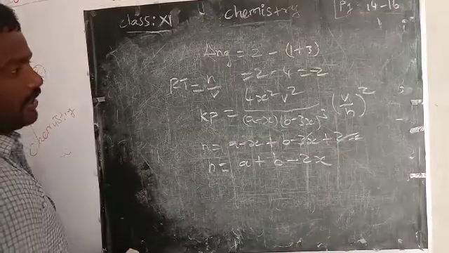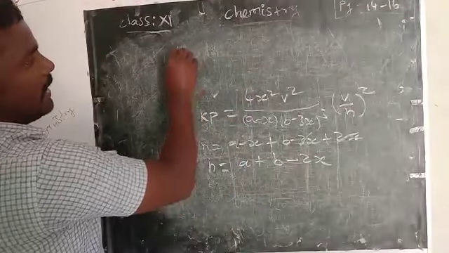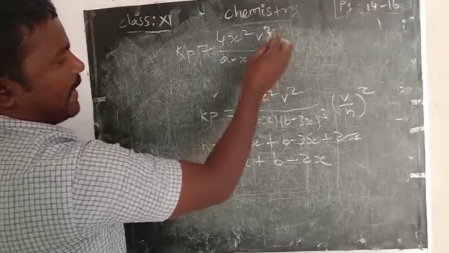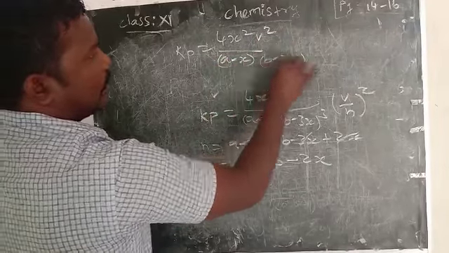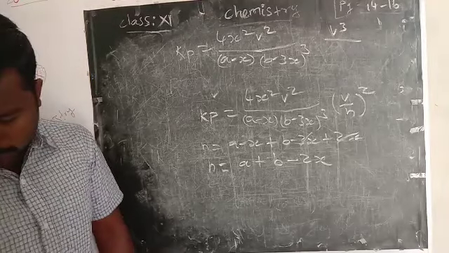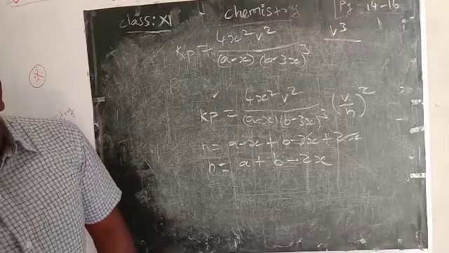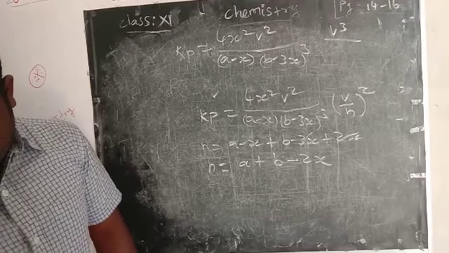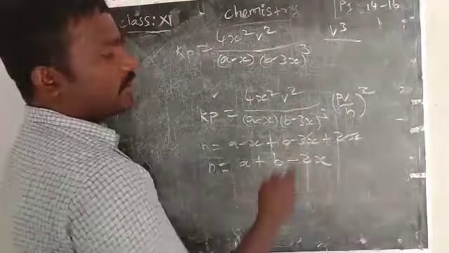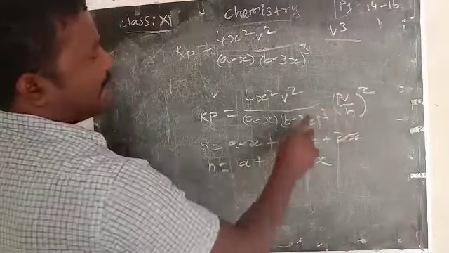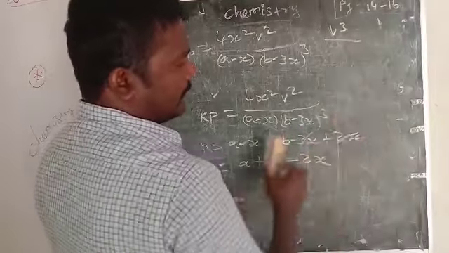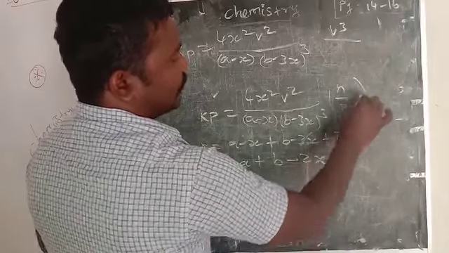You apply it in the above equation. Kp is equal to 4x squared V squared divided by a minus x, b minus 3x whole cubed, then V cubed divided by... small correction: actually RT is equal to PV by N, so PV by N to the power minus 2.